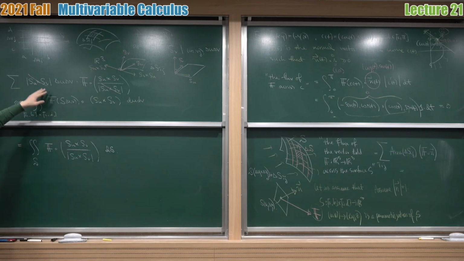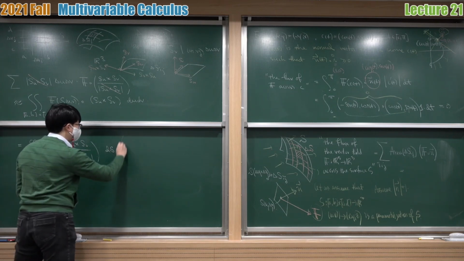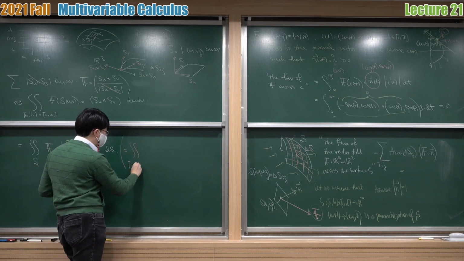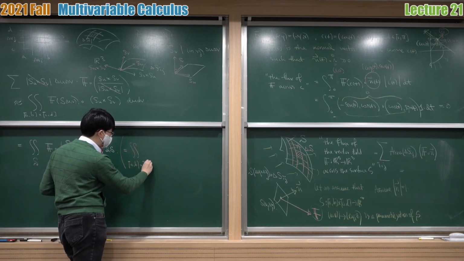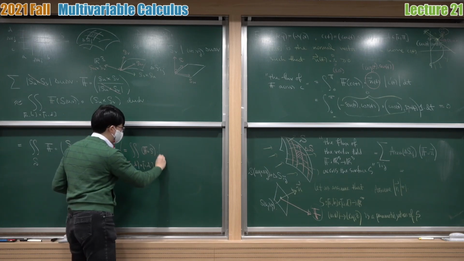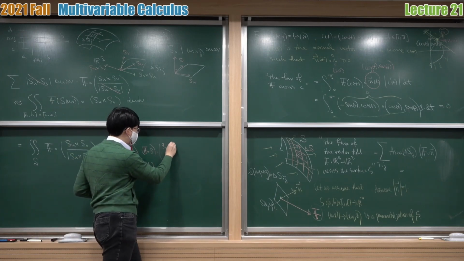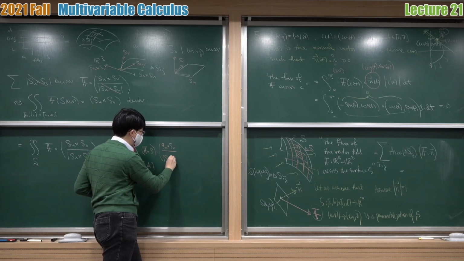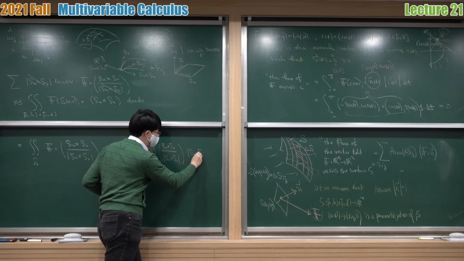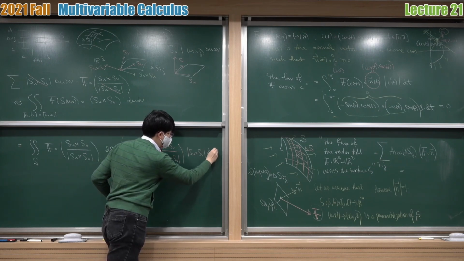So basically, you're going back to the original situation. This equals the integral over a to b, c to d of F, S times S_u cross S_v, divided by the norm of S_u cross S_v, multiplied by the norm of S_u cross S_v, du dv.